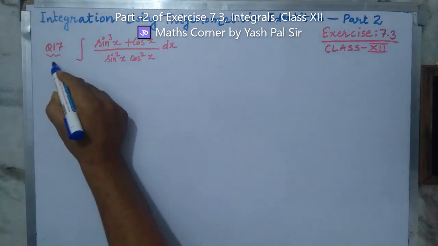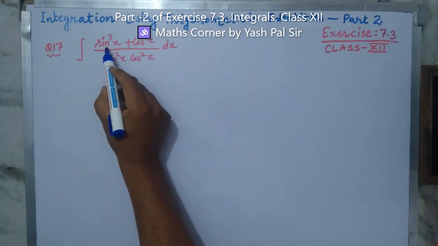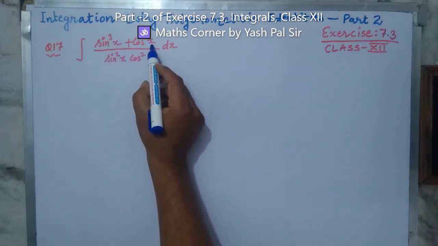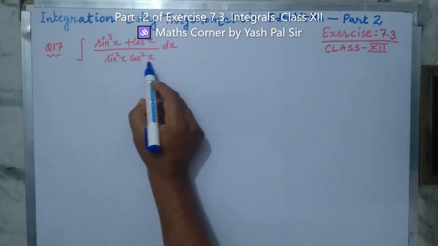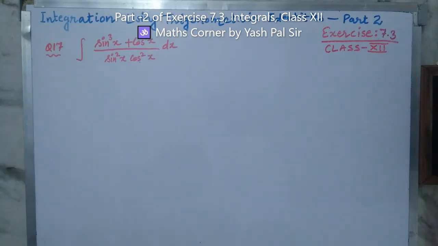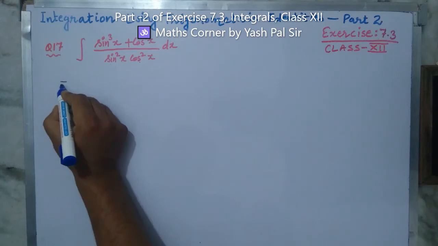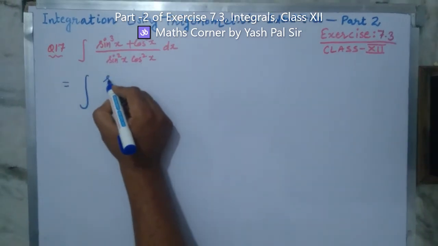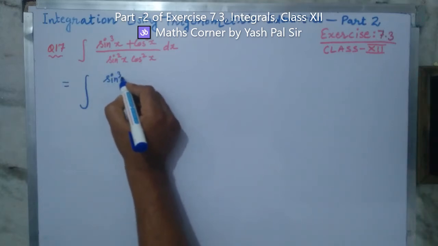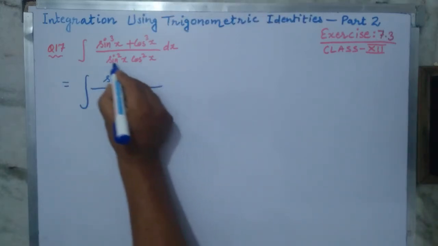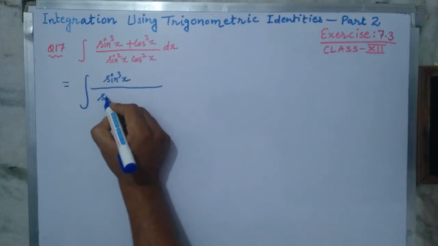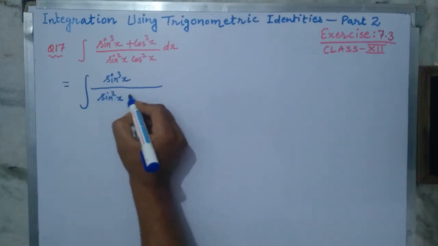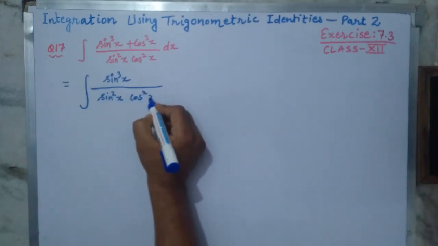Question number 17. Integration of sine power 3x plus cos power 3x upon sine square x into cos square x into dx. This question is very easy. So first of all what we do, we write this equal to sine cube x divide whole denominator sine square x into cos square x.